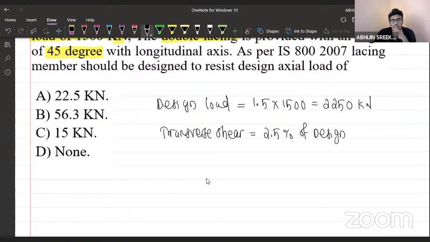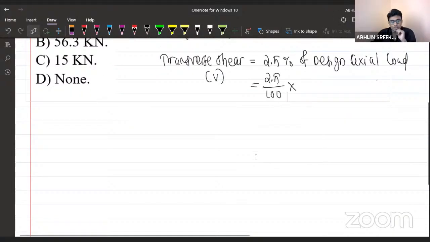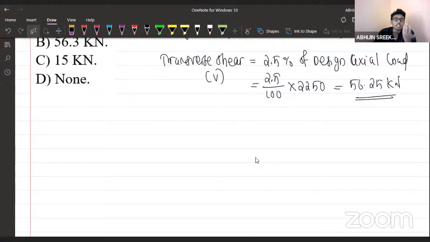The question is not asking you to calculate the transverse shear. I'm going to call it V. It will be 2.5 divided by 100 into 2250. The answer here will be equal to 56.25. This will be the transverse shear, 56.25 kilonewton.